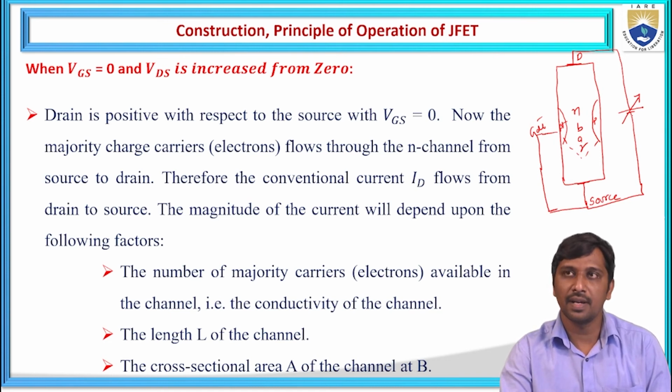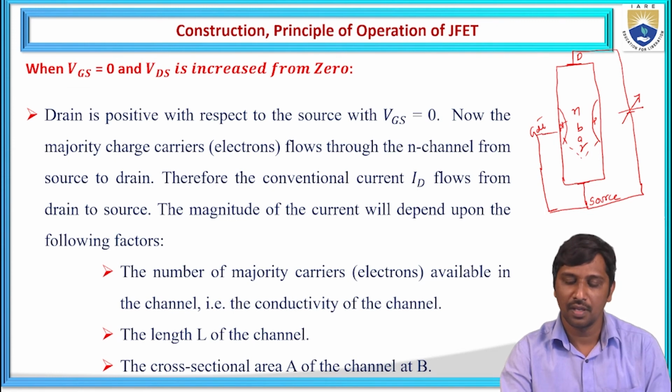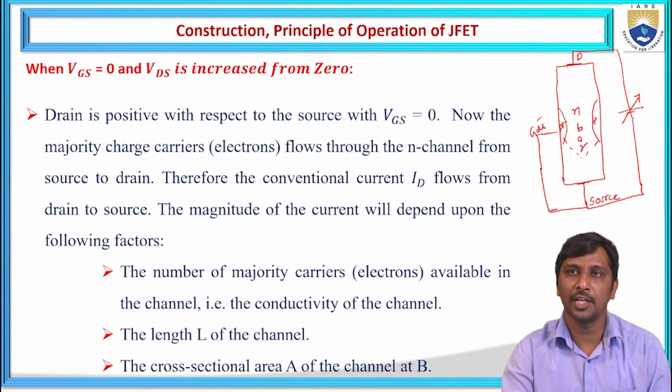With respect to this biasing voltage between the drain and the source, we know that the source is made up of N-type material, hence the source is biased with the negative pole of the battery. Due to this negative potential, the majority charge carriers in the source, that is electrons, are repelled from the source to the drain through this region.